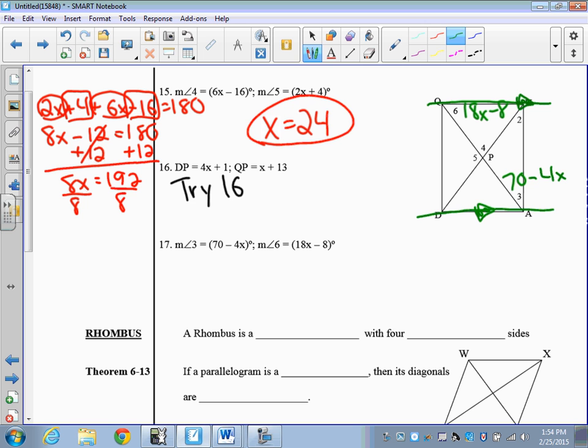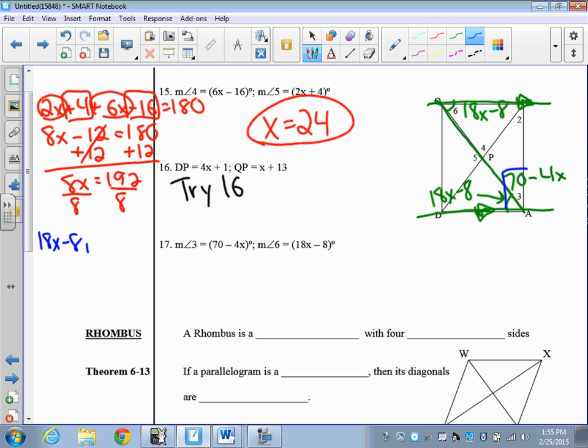So you should see that angle 6 is going to be equal to this angle right here. So this angle right here is 18x minus 8. And now that I have that, I know that these two angles form a right angle. So now I'm ready to solve it.